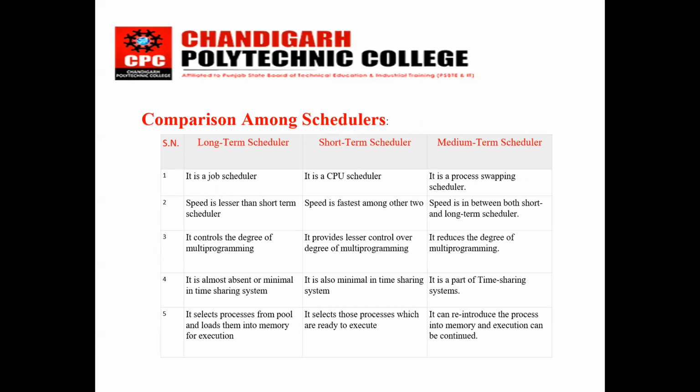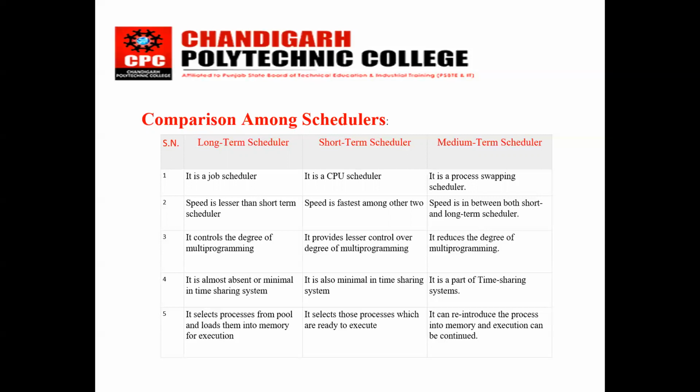As I explained, the long-term scheduler is also called the job scheduler, the short-term scheduler the CPU scheduler, and the medium-term scheduler the process swapping scheduler. Next is about the speed. Speed is lesser than the short-term scheduler in the long-term. In the short-term, speed is the fastest among the other two, and in the medium-term, speed is in between both the short-term and long-term scheduler.